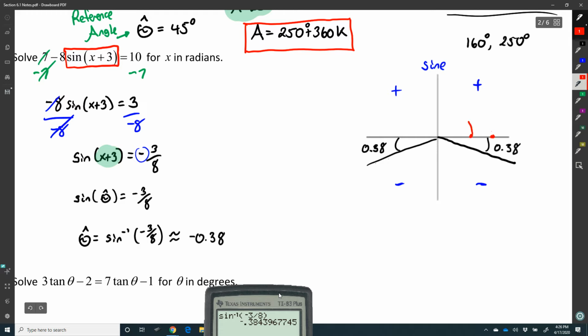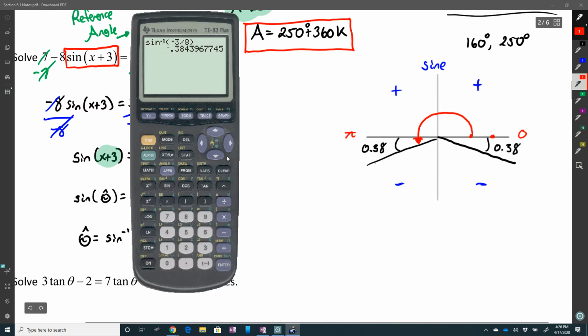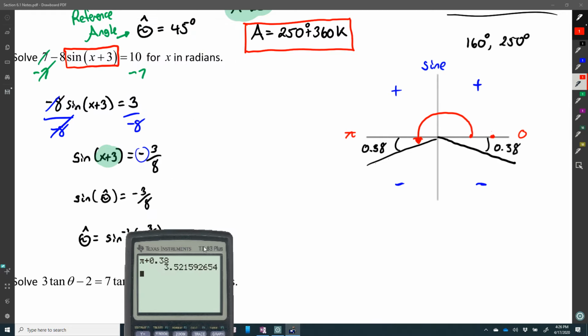The first one is this angle. Remember, here's 0, here's pi. So this first angle is pi plus 0.38, using my approximation. That's about 3.52. Okay, so my solutions.